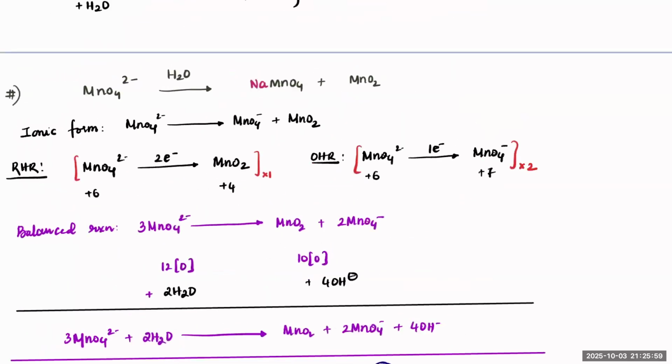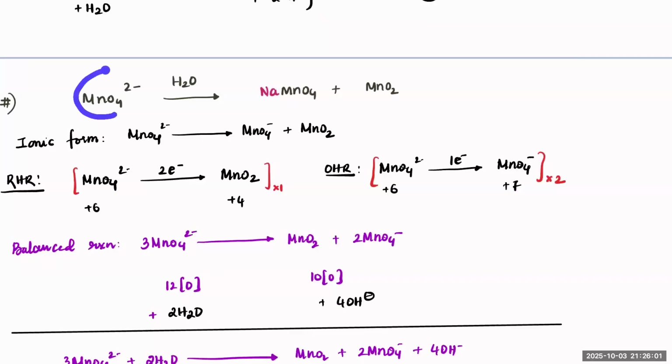Let me go back to this case here. Have you noticed something about this case, the earlier case, MnO4 2 minus giving MnO4 minus and MnO2? Remember everybody, if the same species is involved in a redox reaction, where it is undergoing reduction and the same molecule is undergoing oxidation. Not just molecule.